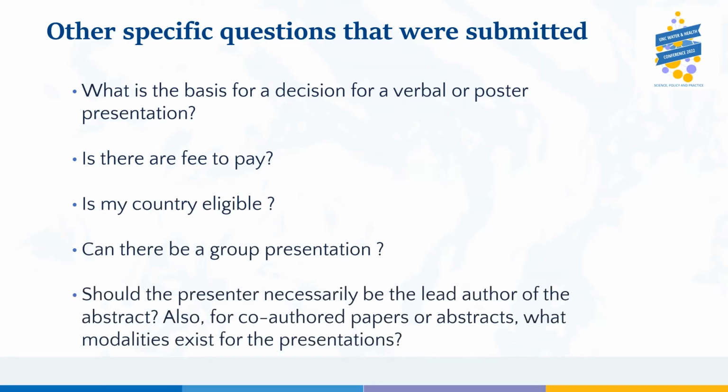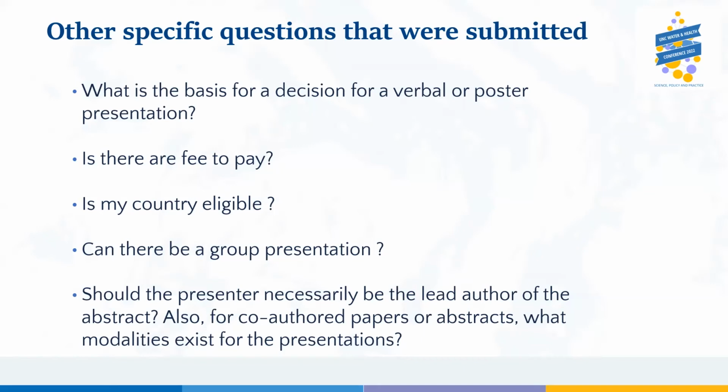And the next two questions I think were kind of similar. Someone asked if there could be a group presentation, and also if the presenter necessarily needs to be the lead author, and if there are any ways for co-authored papers or abstracts that multiple people could present at once. Typically one person will present.